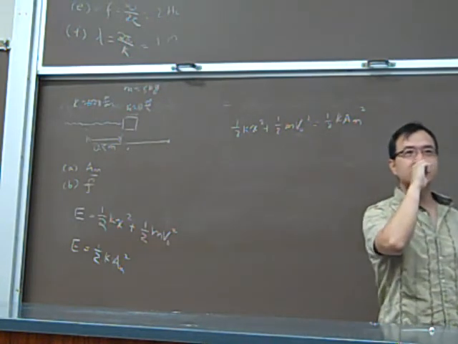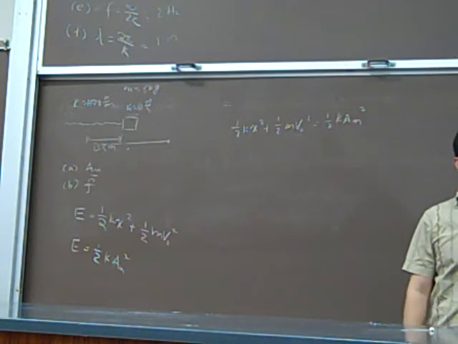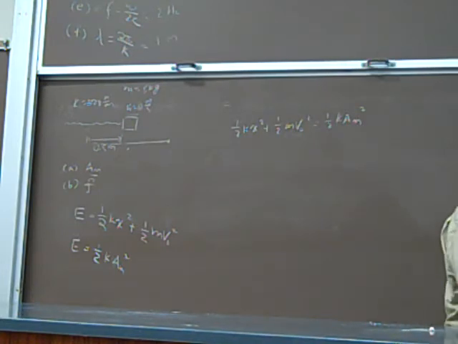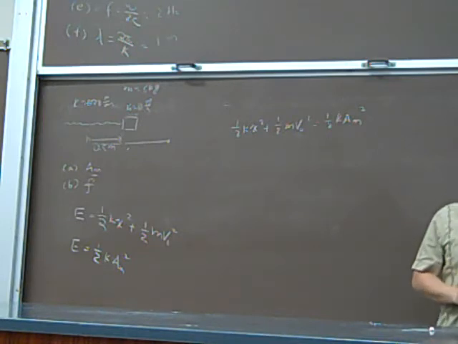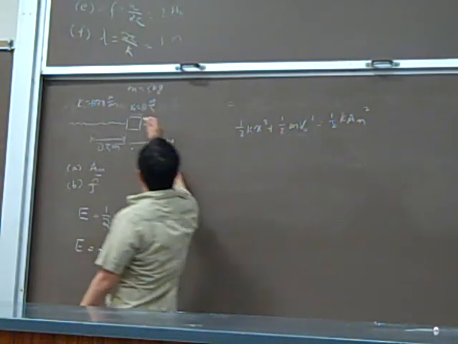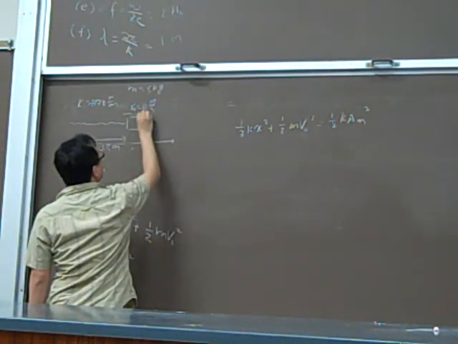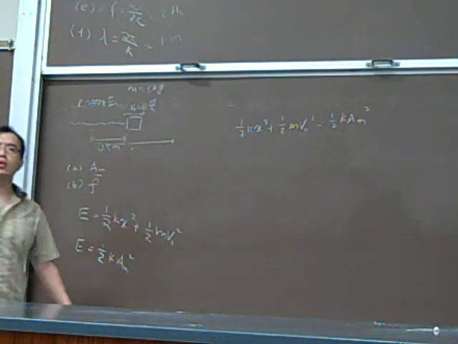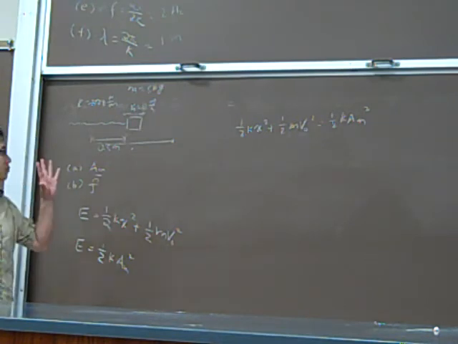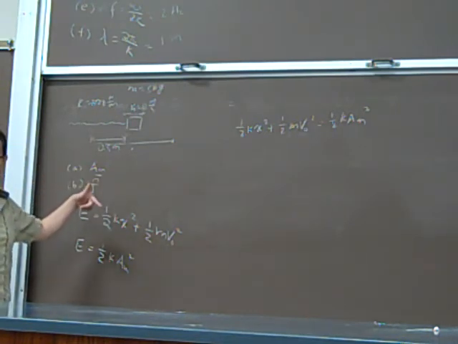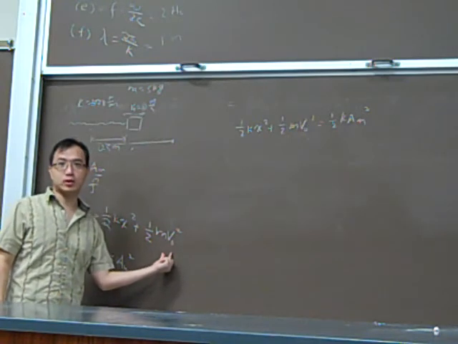Question: it says the initial velocity is towards the equilibrium position, so does that make a difference? Towards the equilibrium, it doesn't make a difference. Whether the velocity is in this direction or this direction, it doesn't make a difference for the energy because it is v squared.